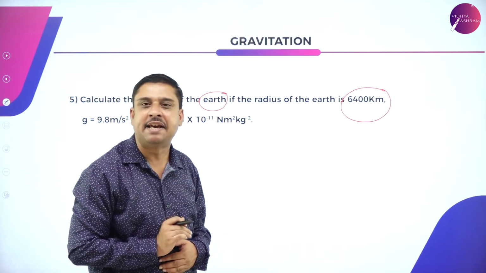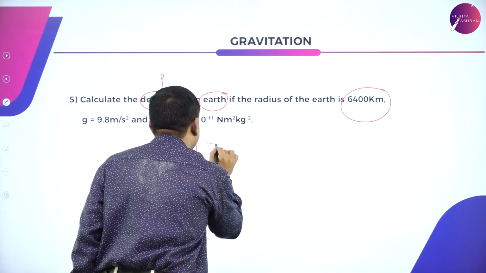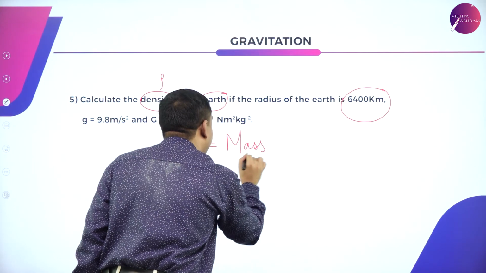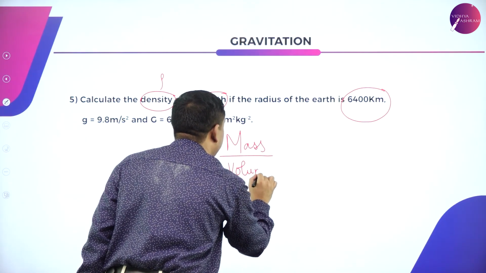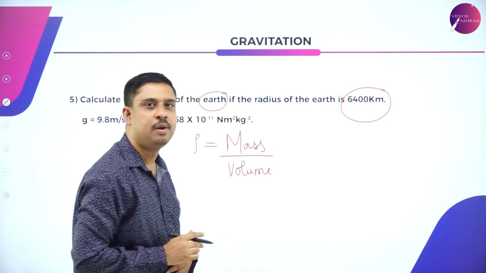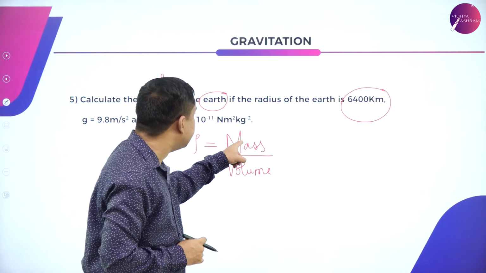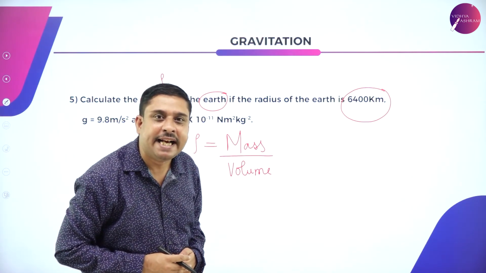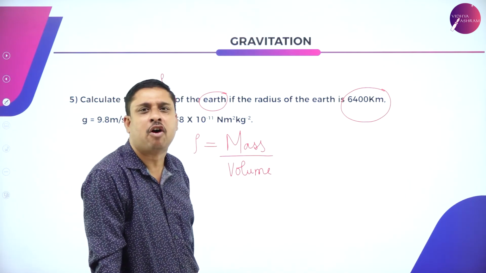Capital G is given. Now we know density is mass divided by volume. Basic definition for density.